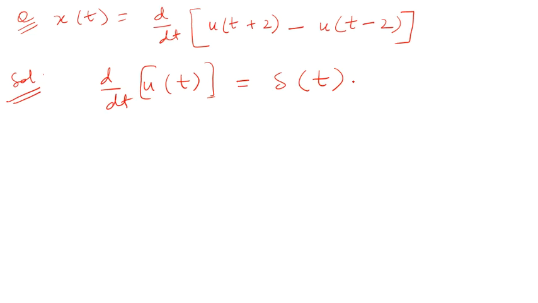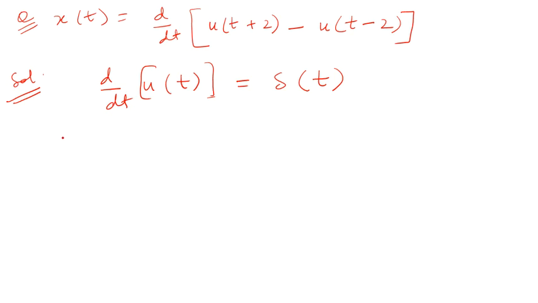Okay, so this you have to remember. You may note down here that the derivative of unit step signal will always give you the impulse signal. Okay, now we come to this problem.